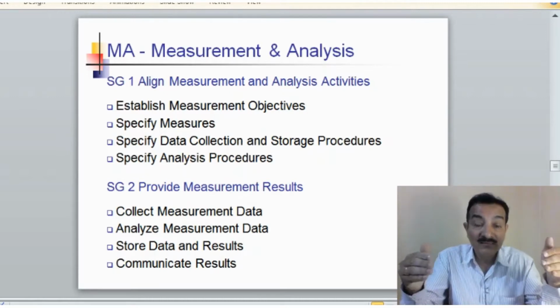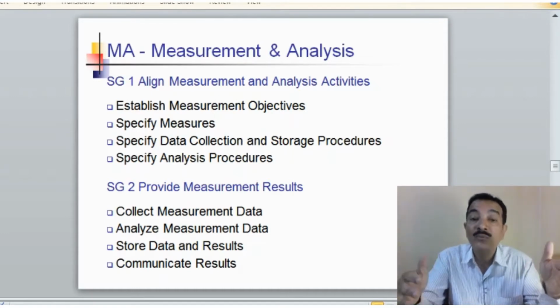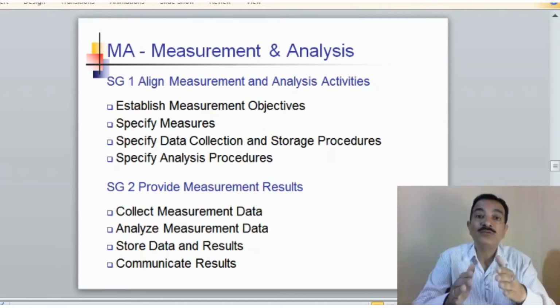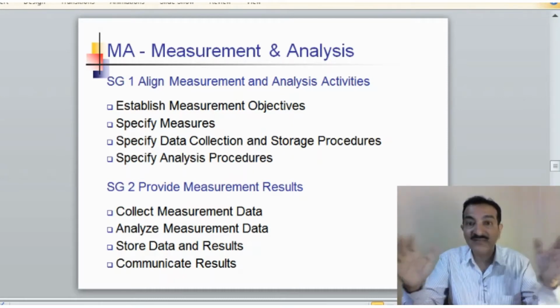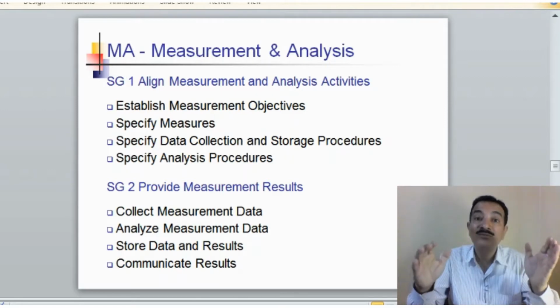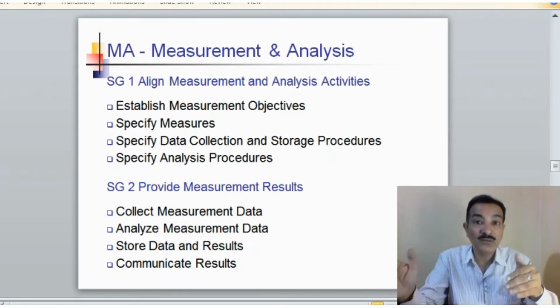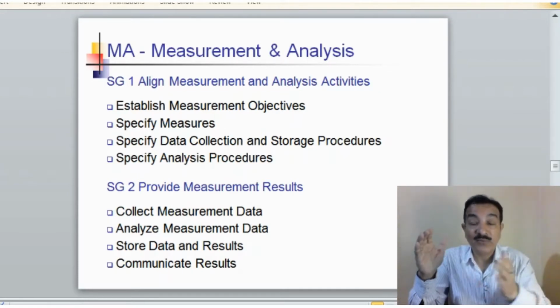And in specific practice 3, that is specify data collection and storage procedures. So you will know how you are going to get the data, basically. So if at all you want to know the length of the source files or lines of code, you will have to tell the programmer to provide you the source lines of code from each file.